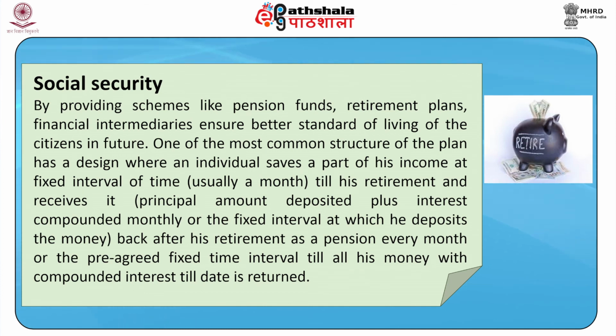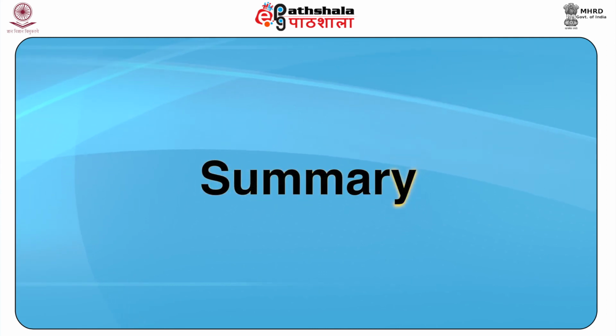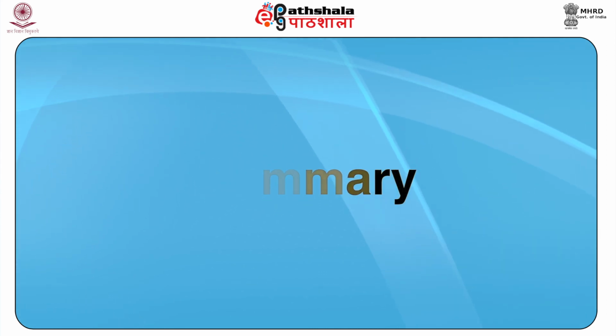He then receives it back after retirement, that is, the principal amount deposited plus the interest compounded monthly or at the fixed interval at which he deposits the money, as a pension every month, or at the pre-agreed fixed time interval, till all his money with compounded interest till date is returned.